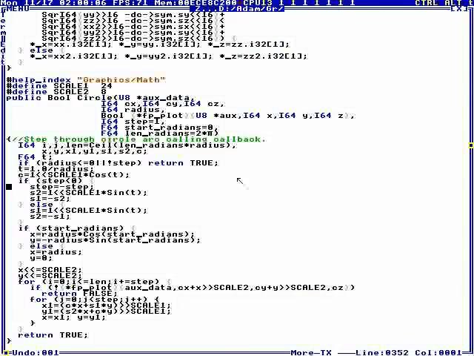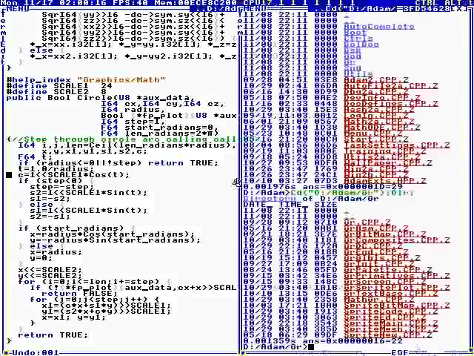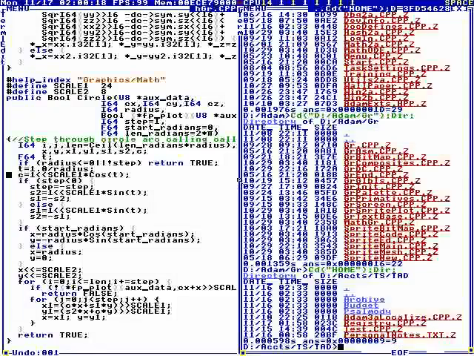So this is the circle routine, and I'll tell you how it works. It uses scaled integer math.